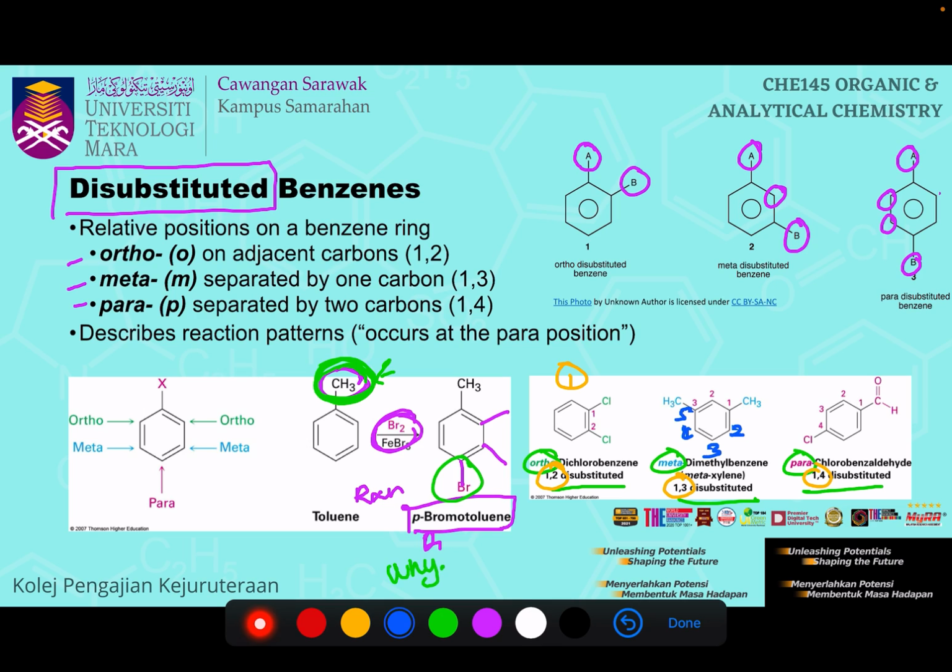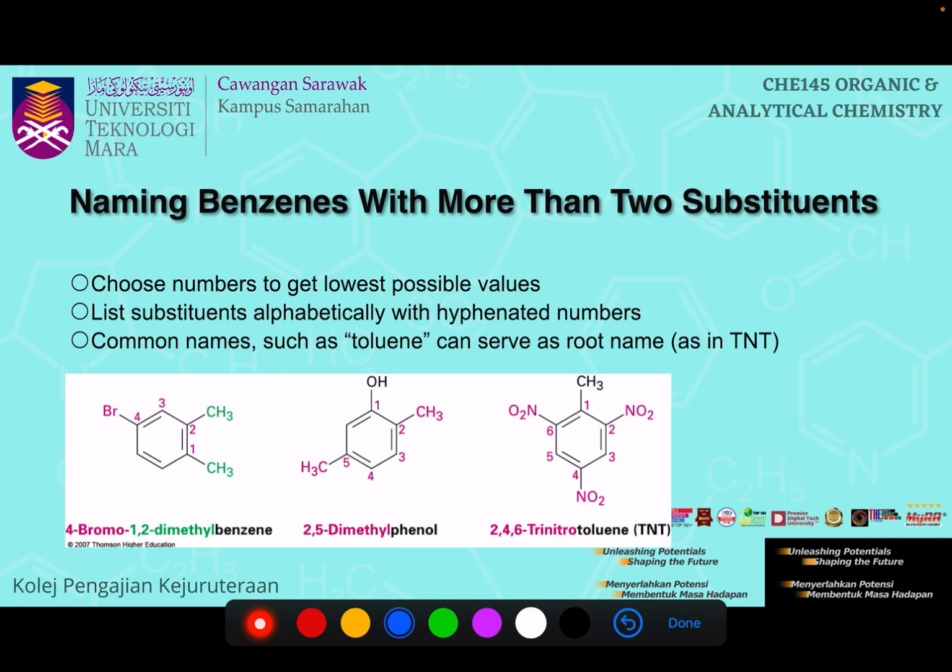So why do we take this side? Because 3 is smaller than 5. I'm sure you still remember that. So the same goes for para. Find the lowest value, right? So naming benzene with more than 2 substituents. Okay, so now we have more than 2.